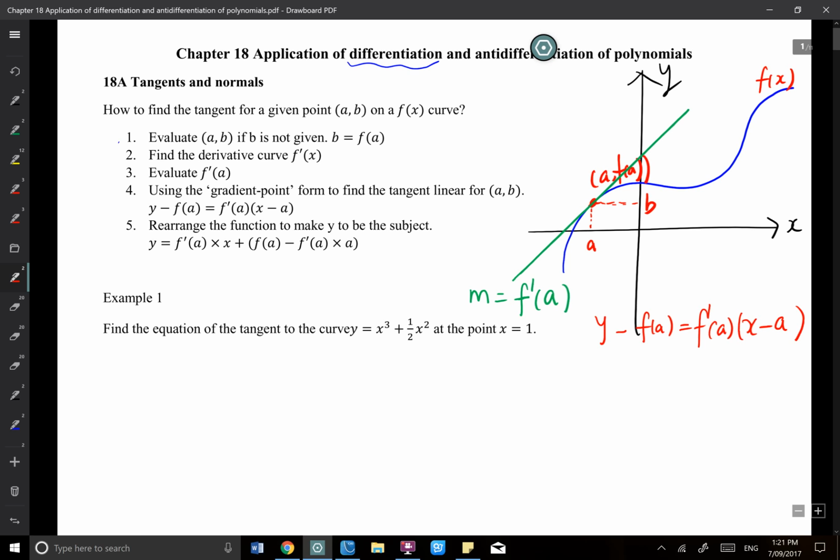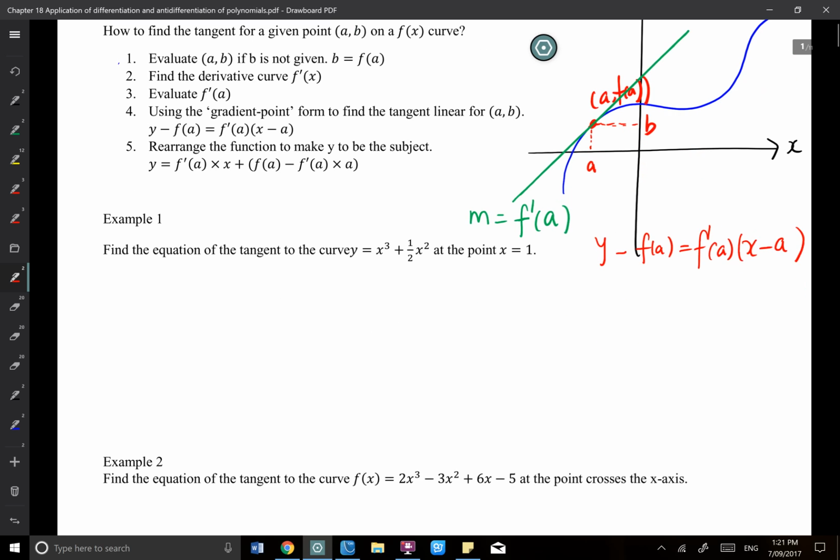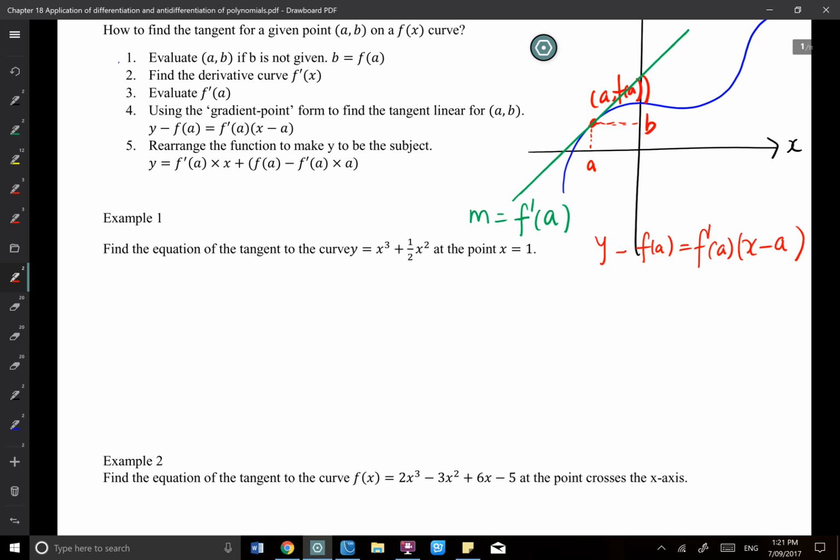I know one point on the linear, therefore the formula is y minus y1 equals m(x minus x1). So (x1, y1) is a point on the graph, and m is the gradient at that point.